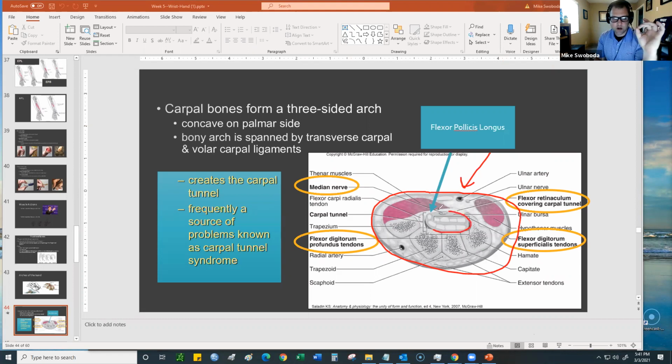This is your carpal tunnel. That has to fit in this. Just at a quick glance, you can see 1, 2, 3, 4, 5, 6, 7, 8, 9 tendons that run through there, plus this guy, which, as you can see here, is our median nerve. Kind of important.